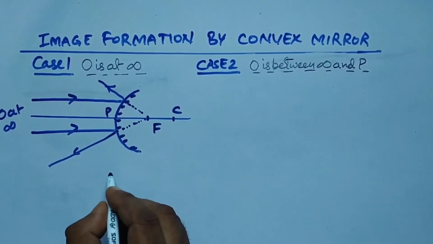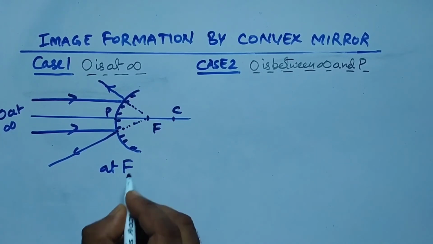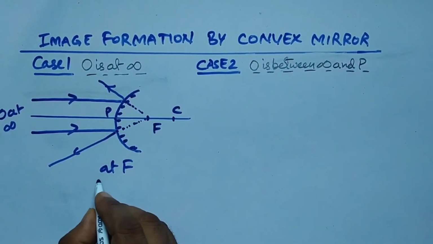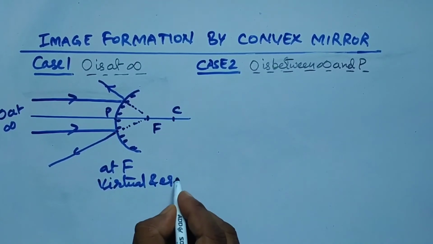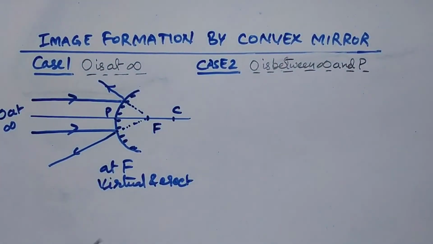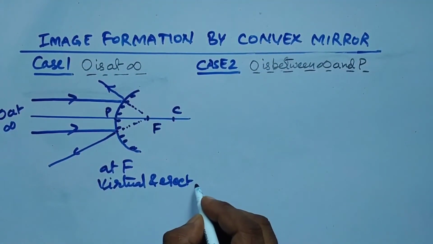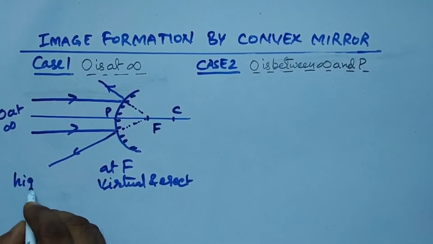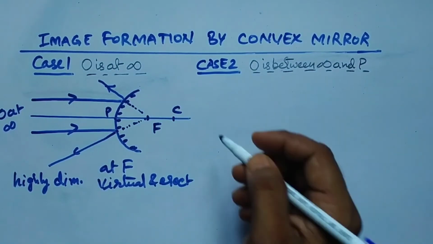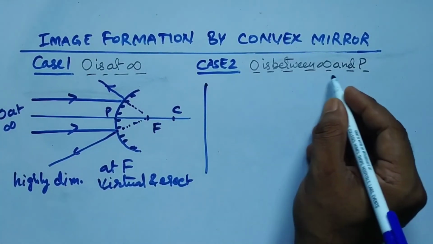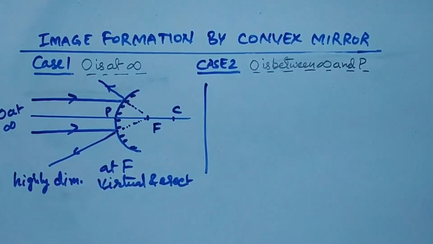So here position of image will be at focus, and what kind of image will be formed? It will be virtual and erect and diminished. In fact, it will be highly diminished.